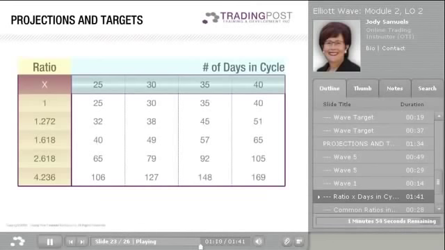Of course, if the distance in time or number of days is part of the Fibonacci sequence itself, then multiplying the Fibonacci sequence number by a 1.618 ratio will produce the next number in the Fibonacci sequence anyway. Notice that the Fibonacci extension ratios go from 1 to 1.272 to 1.618 to 2.618 to 4.236.